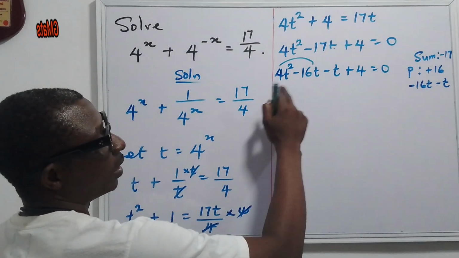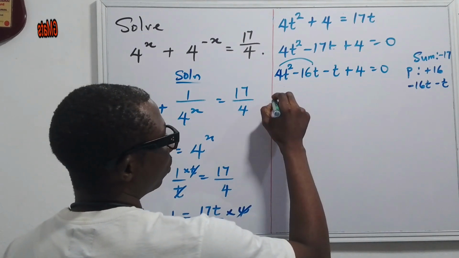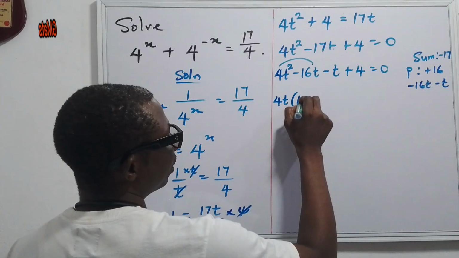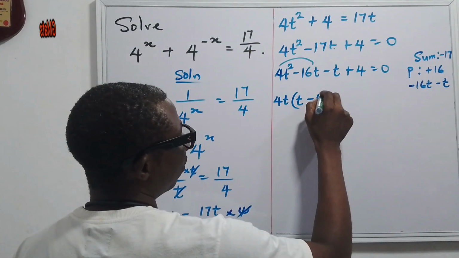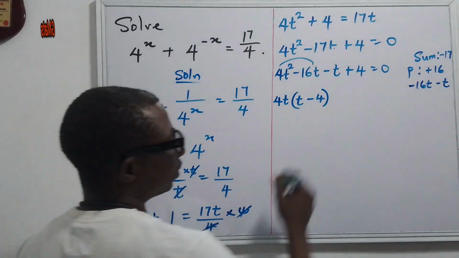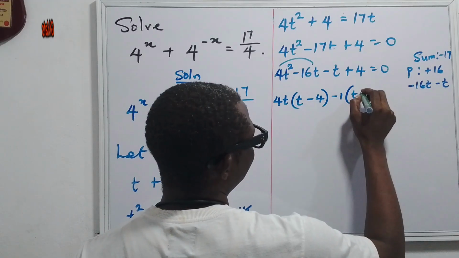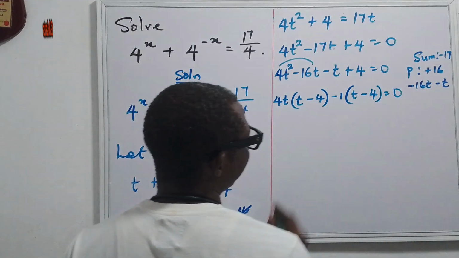The GCD here is 4t, the greatest common divisor. When you divide this by 4t, you have t, and when you divide this by 4t, you have negative 4. What is the GCD here? That's negative 1. So you have negative 1 times t minus 4 equals 0.